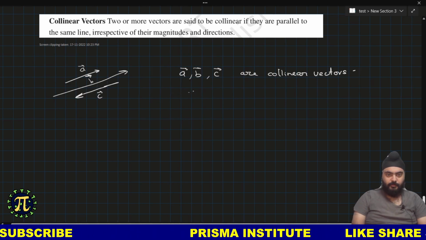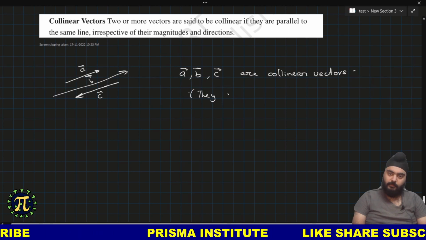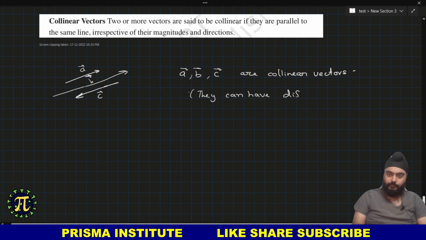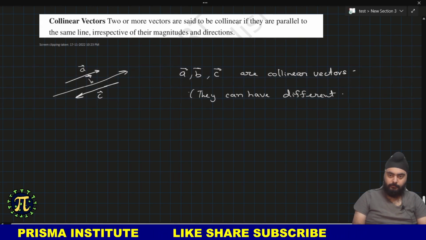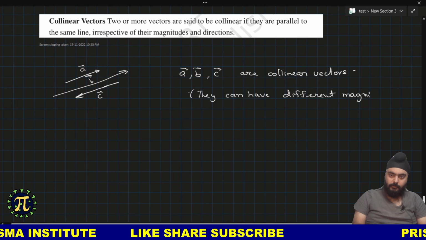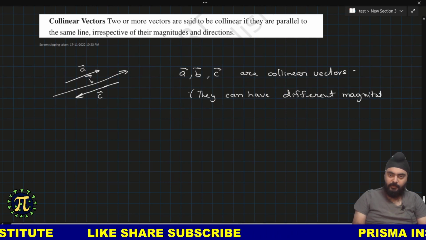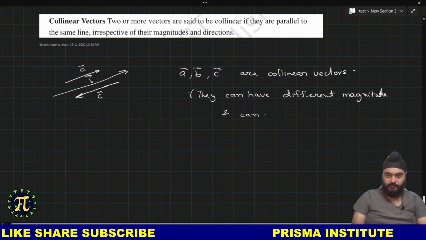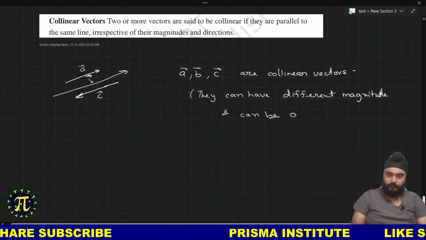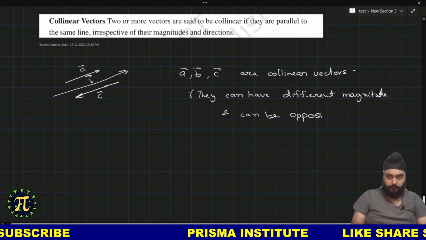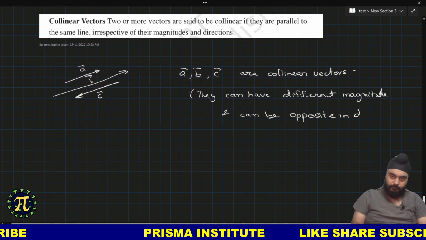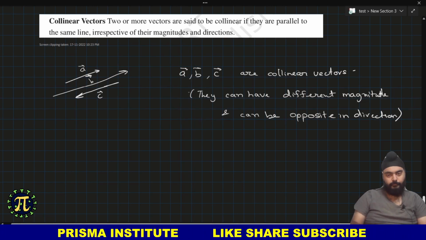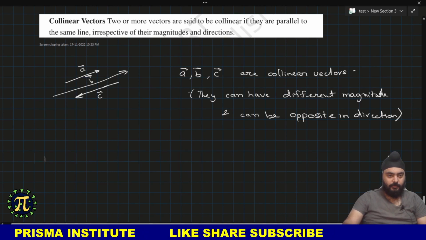They can have different magnitudes, or they can even be opposite in direction. Okay. So moving further.